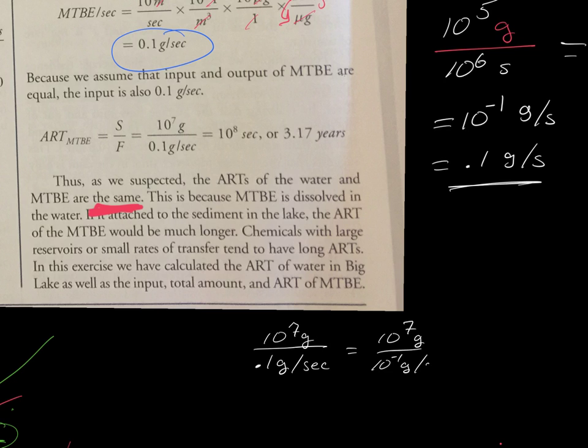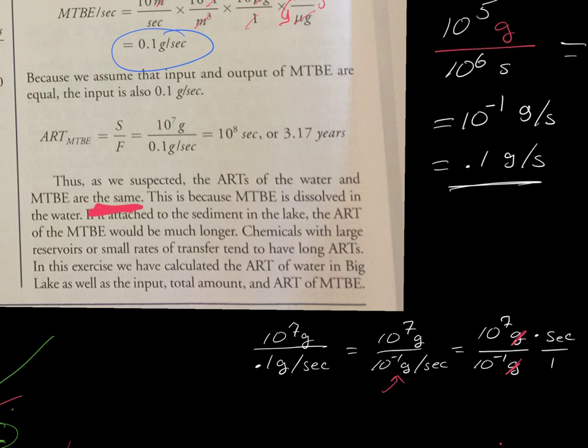So let me rewrite that as 10 to the 7th grams divided by 10 to the negative 1 grams per second. So that's equal to 10 to the 7th grams divided by 10 to the negative 1 grams over seconds. Remember, we inverted and multiplied, right? Grams cancel out.